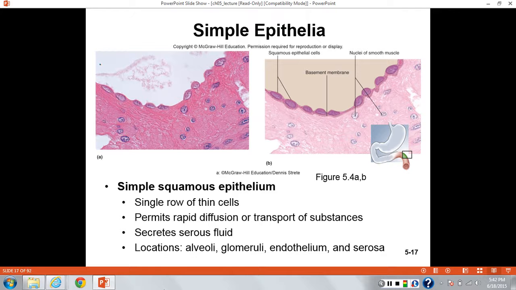Alveoli, like the lungs, glomeruli in the kidney system, endothelium lining the blood vessels, and serosa. So all of these do what? Fluid and transport. Alright? As things go through, things are going to be moving from high to low concentration, either going into something, or coming out going into something else.